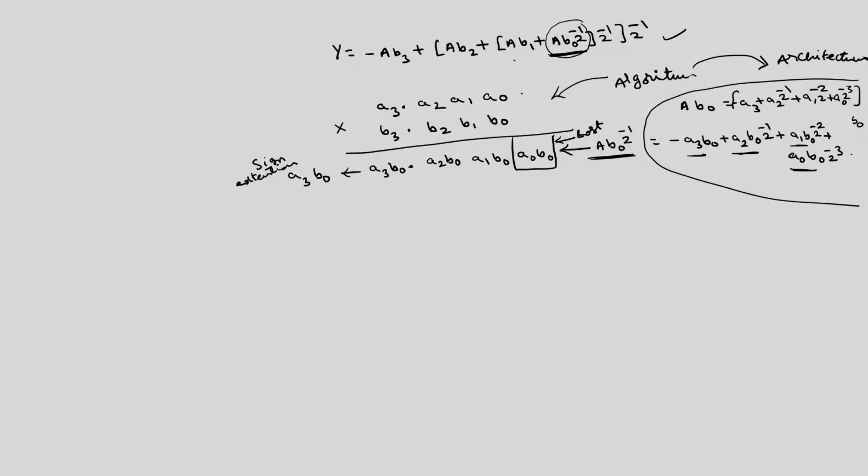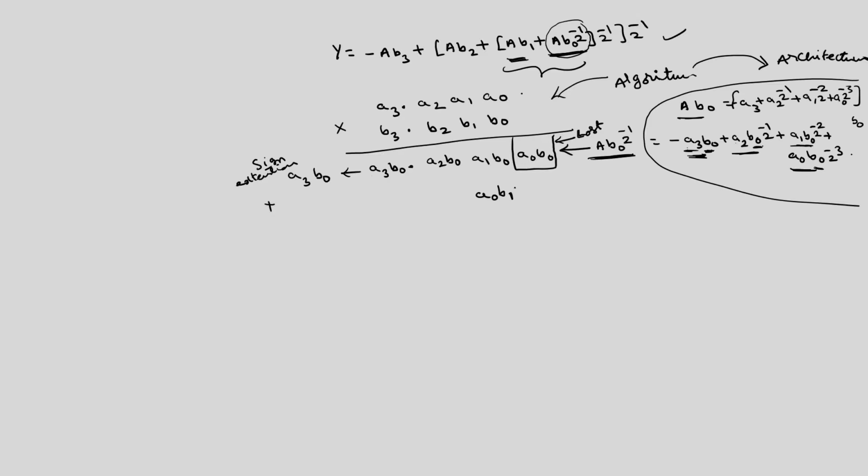Then what you have to do? You have to add this to a b1. So, a b0 means a3 b0, a2 b0, a1 b0, a0 b0. And a b1 means a3 b1, a2 b1, a1 b1, a0 b1. So, in place of b0 we have b1, this b0 b1, this b0 b1, this b0 b1.